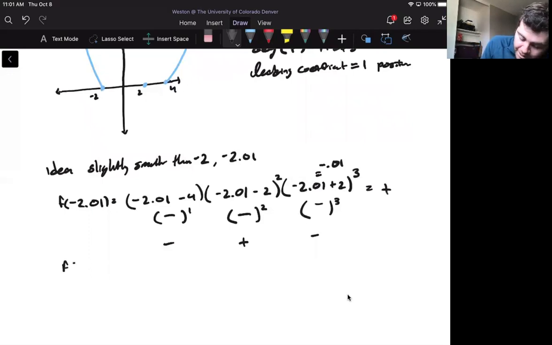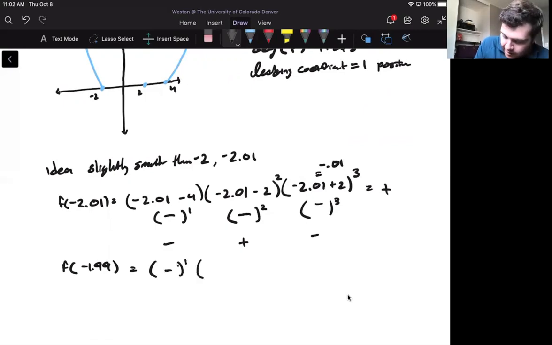But if we plug in something a bit bigger, like negative 1.99, the sign of the first term isn't going to change. So it's still a negative. The second term, the sign still can't change, because the sign can only change if it switched from being less than 2 to greater than 2. So we still get a negative squared.